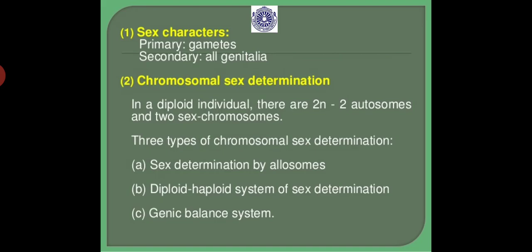There are 3 types of chromosomal sex determination: sex determination by allosomes, the diploid-haploid system of sex determination, and the genic balance system. Now let us go through them one by one in detail.